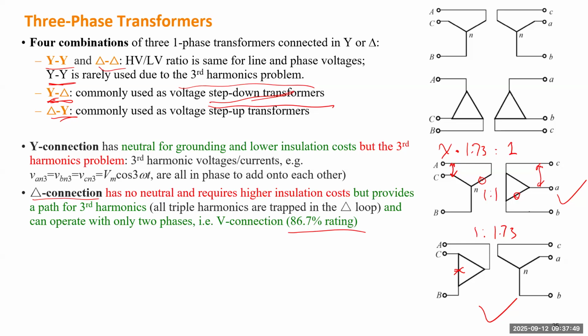But once you open one phase, that phase current will become the line current. Which means you decrease the line current rating to the rating of the phase current. So that will make your calculation slightly different for the delta connection. That's why the rating will decrease. But that is a very easy calculation.